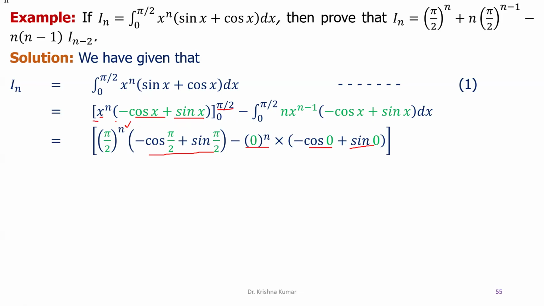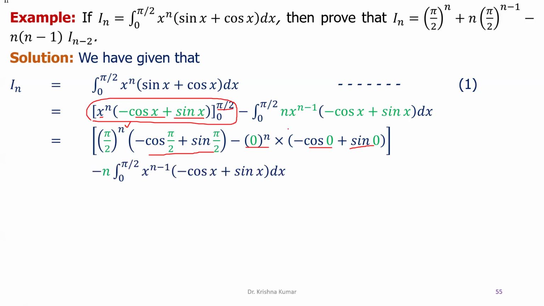So this is the first part of the given integration. Now the second part, we can take n outside: minus n, integration of x to the power n minus 1 multiplied by (minus cos x plus sin x) with respect to x under the limit 0 to pi by 2.